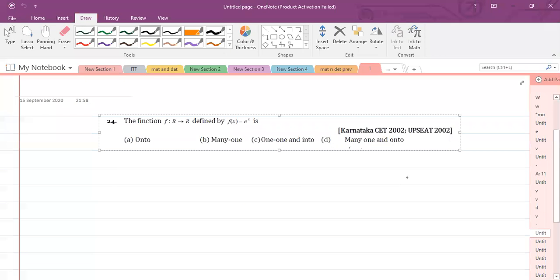Next question. The function f from R to R defined by f of x is equal to e raised to x is.